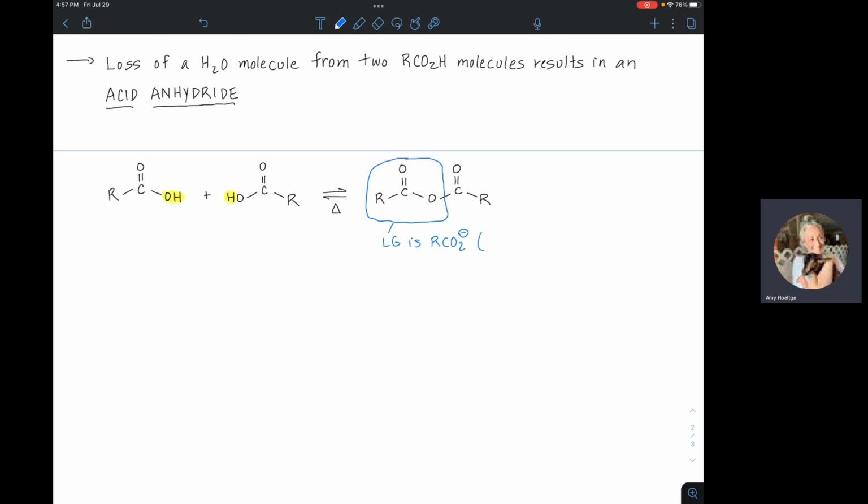So in other words, the pKa of a garden variety carboxylic acid is roughly 5-ish.